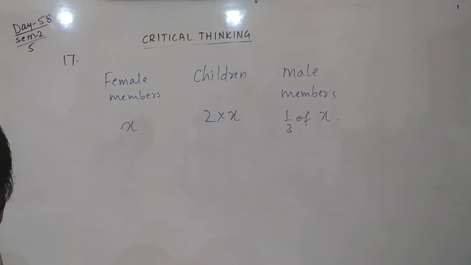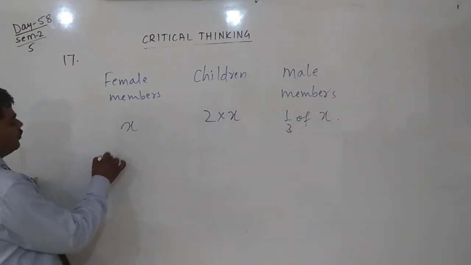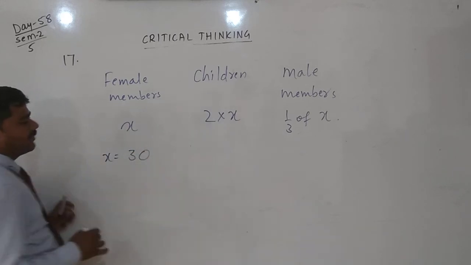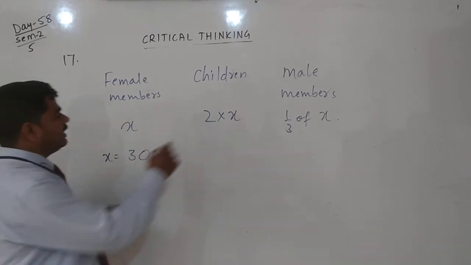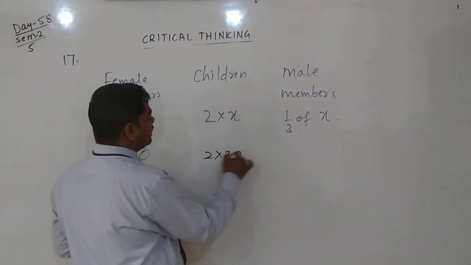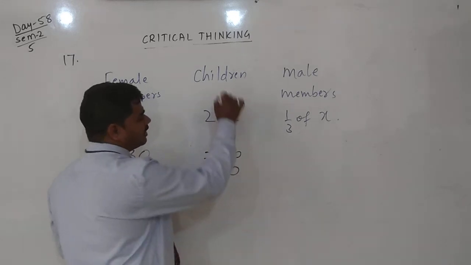If there were 30 female members, then find the number of male members and children who went for a picnic. X is equal to 30. Then 2 into 30 is 60 children.